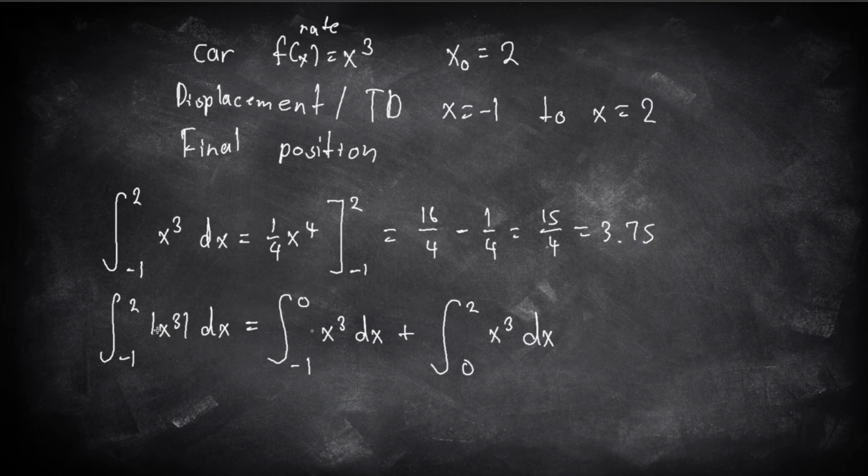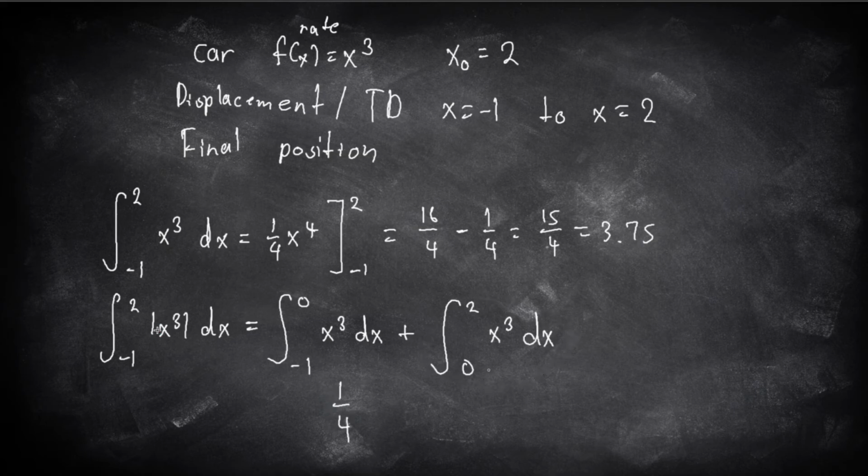Okay, so the integral of this, as I said before, is 1/4 x to the power 4. Now, if we plug in 0, that is 0. Plug in -1, that's 1/4. So we minus 1/4, so that's a -1/4 area. As we said before, we want to make this positive, so we're going to turn this to a positive 1/4.